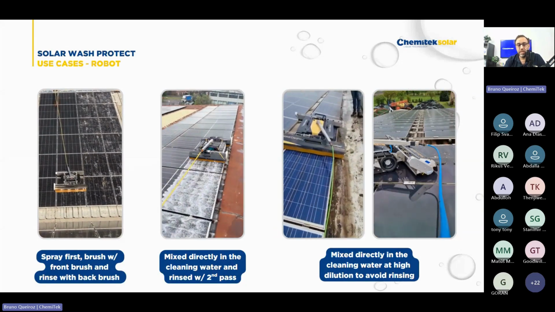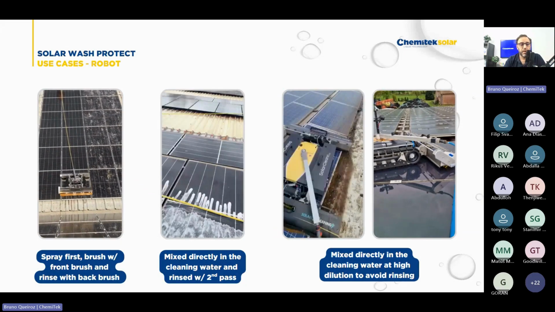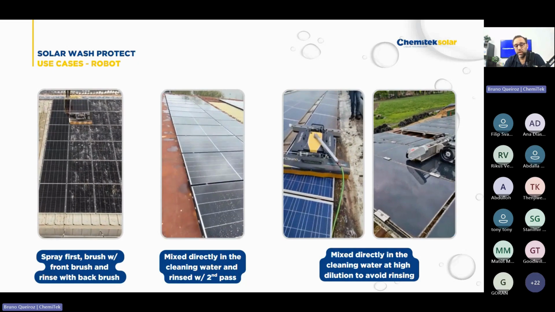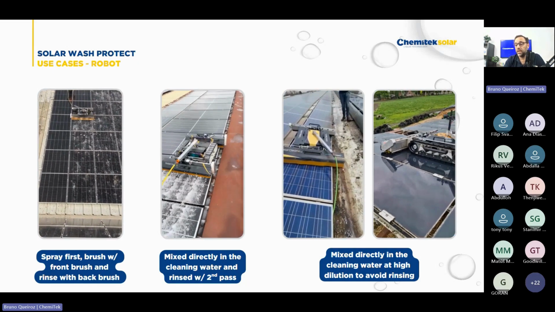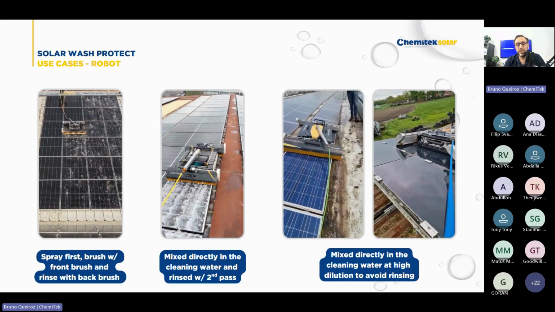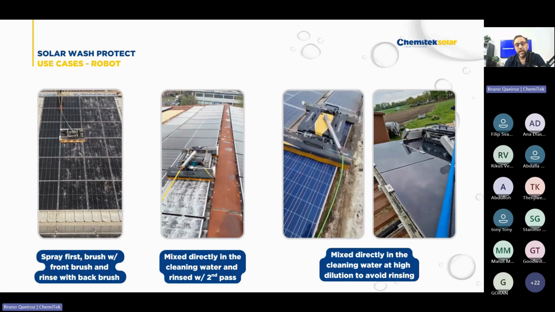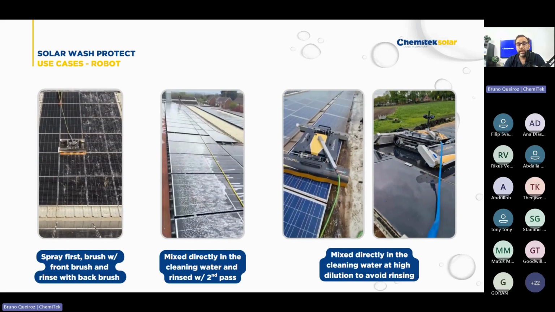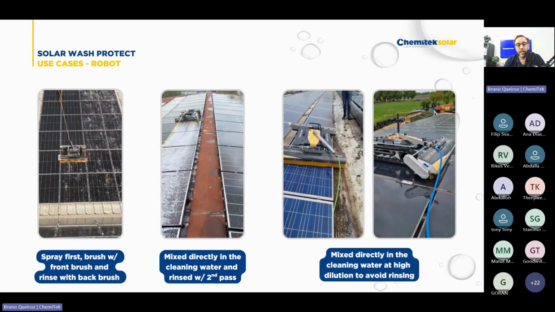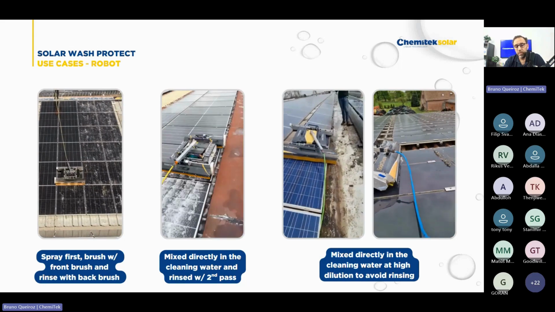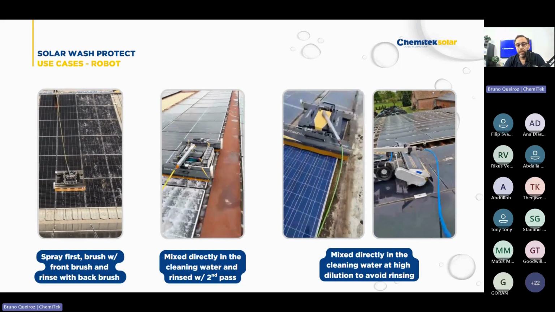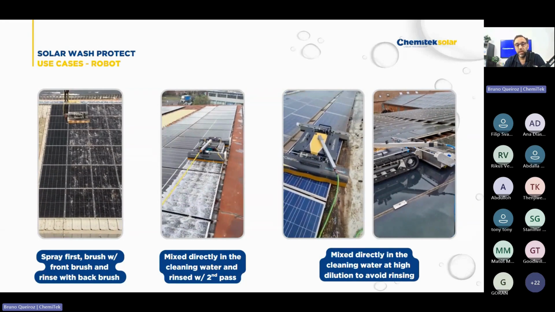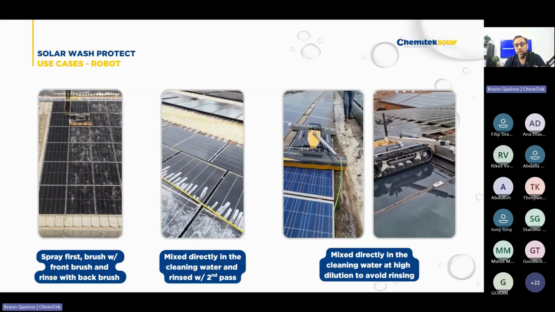And what they did is they just pre-sprayed the Solar Wash Protect on the bird droppings, and then they come with the robot, where the front brush does not have any water, is dry brushing the product, and the back brush has soft water and it's doing the rinsing. So they are doing the 2 steps in one pass, because this robot allows to only have water in one brush if you want.